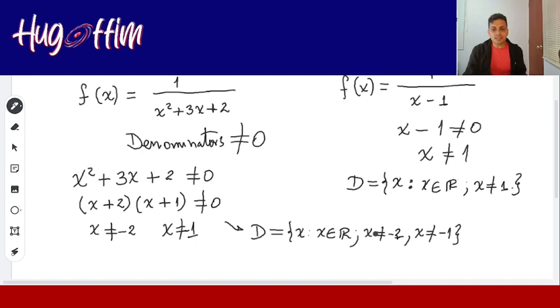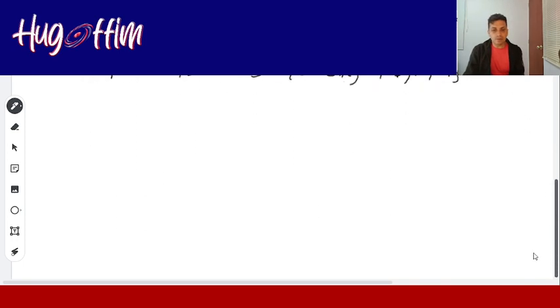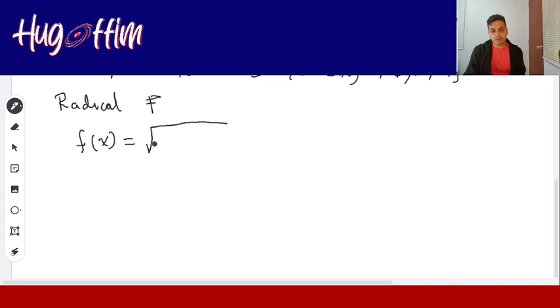And finally, there's another type of functions that are very interesting, that are called the radical functions. So the radical functions could be functions of the form, let's say, f of x equals the square root of 3x minus 1.